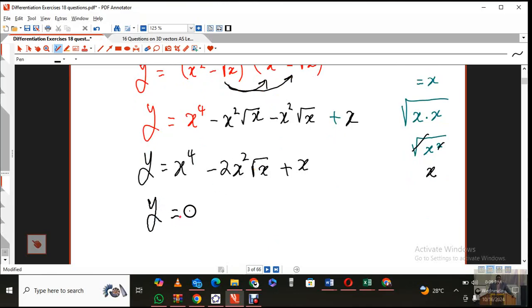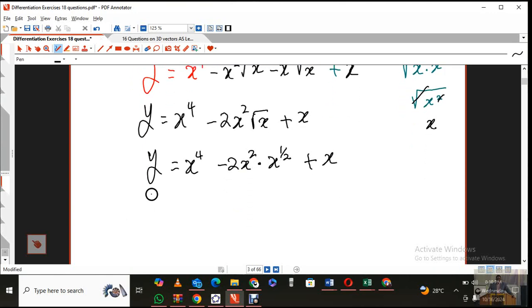So I'm going to still do it, then I say x to the power 4 minus 2 x squared multiplied by x raised to the power of a half, that is what the root of x means, plus x. So in the middle here, we have like terms multiplying the same bases. You're going to add the indices. So it's going to be 2 plus a half, which is basically 2.5, or 5 upon 2.